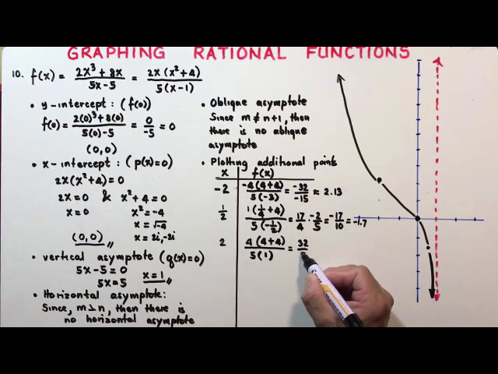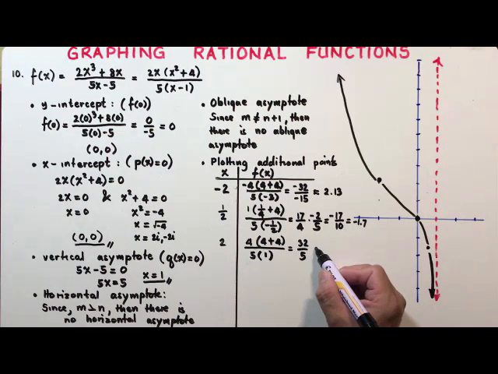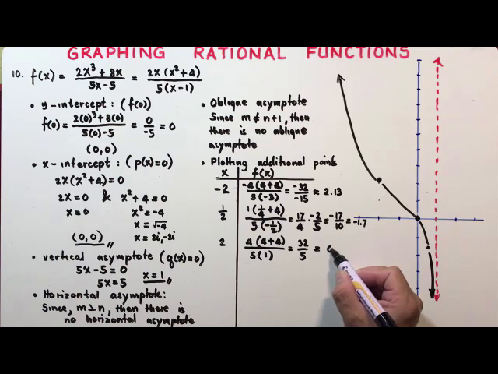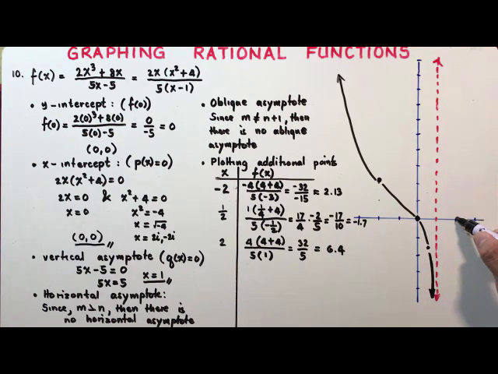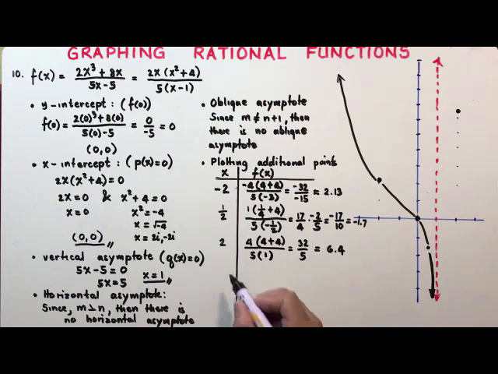So 32 divided by 5. And 32 divided by 5, in decimal, this is 6.4. So you can plot this one when your x is 2 here. The y is 6.4, 1, 2, 3, 4, 5, 6.4 is here. Now I want to see some values of x closer to this one, say 1.5 or 3/2.